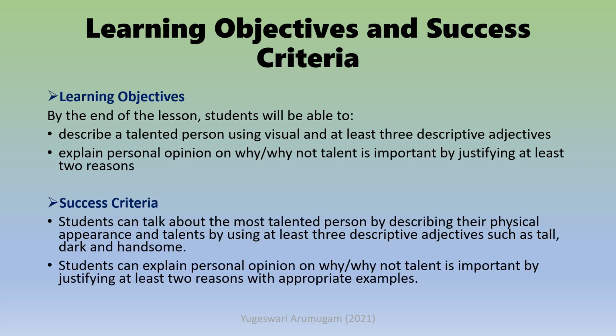First, students can talk about the most talented person by describing their physical appearance and talents by using at least 3 descriptive adjectives such as tall, dark, and handsome. Second, students can explain personal opinion on why or why not talent is important by justifying at least 2 reasons with appropriate examples.